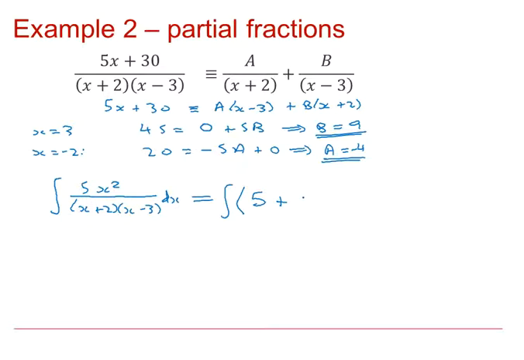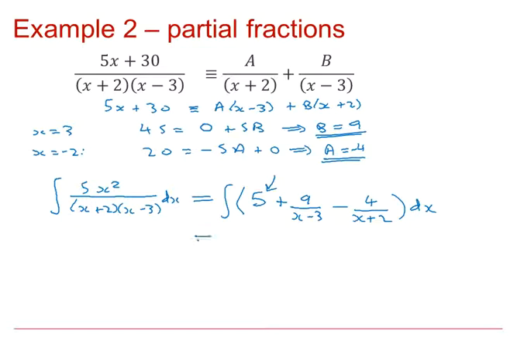So we've got 9 over x minus 3, and we've got A, which is minus 4, so that's minus 4 over x plus 2. And don't forget that extra 5 that we had. You mustn't let that disappear.